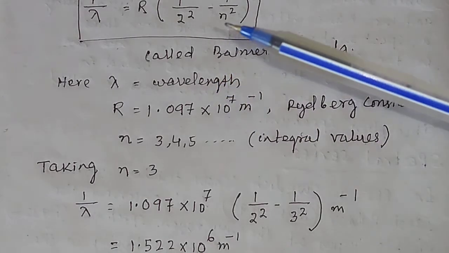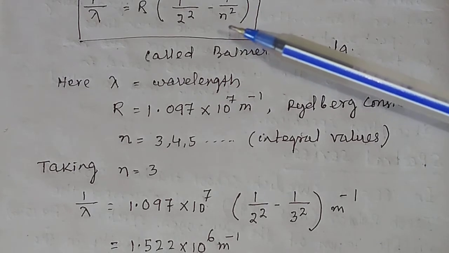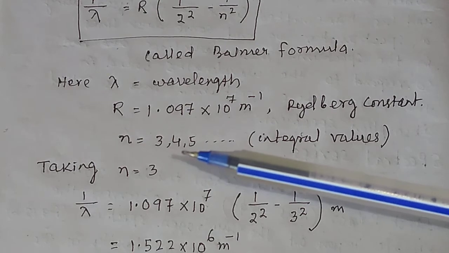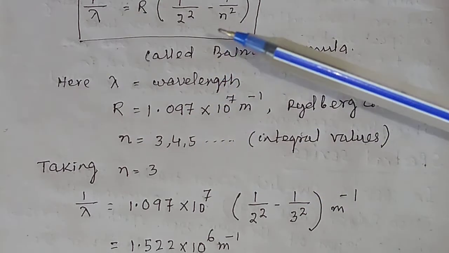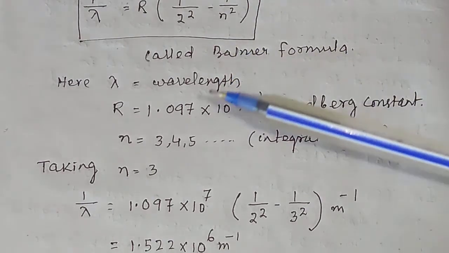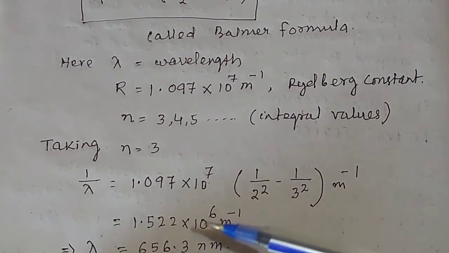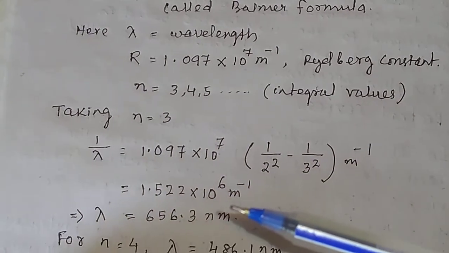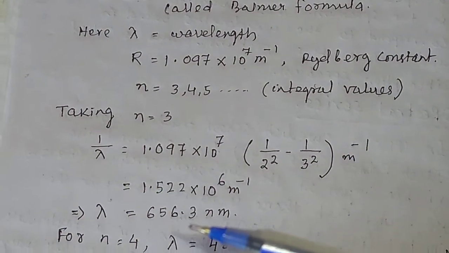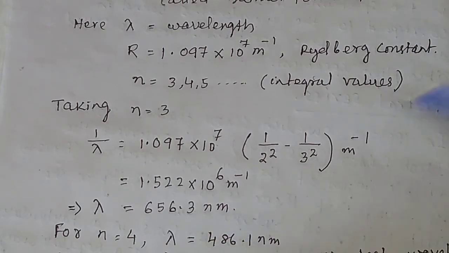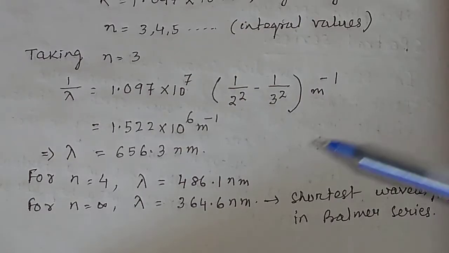In this empirical relation, you can put n equal to 3, 4, 5, the integral values. First, if you put n equal to 3, then 1 by lambda will be equal to 1.522 into 10 to the power 6 meter inverse, or lambda will be equal to 656.3 nanometer.